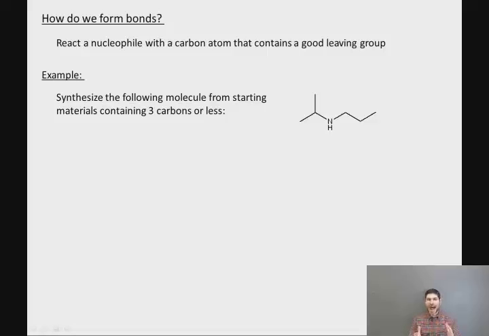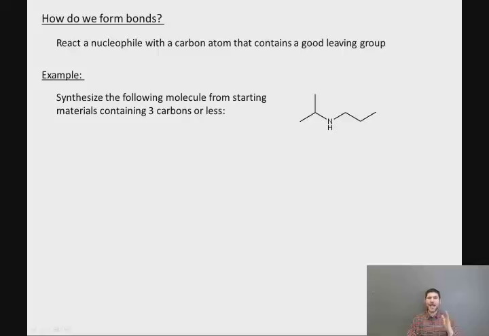So what I will generally do in the course of these problems is give you the constraint that you need to synthesize this from a molecule of X carbons or less. And we're going to assume that smaller pieces are commercially available and bigger things that they're put together into are not going to be. I realize this is somewhat of an artificial constraint, but it's a constraint that we're going to be working with as we solve these problems.